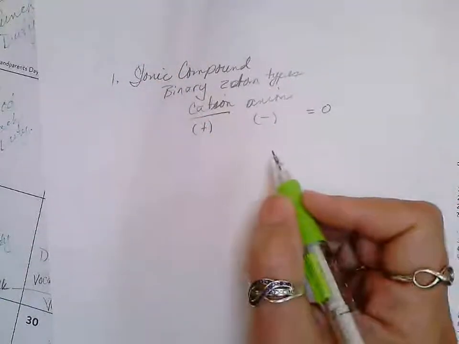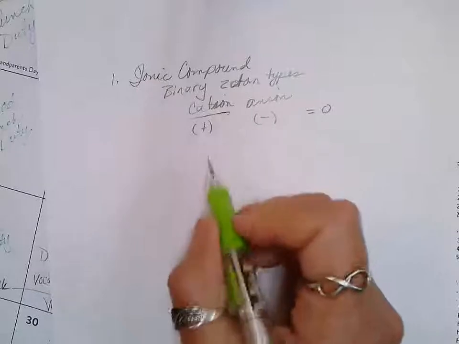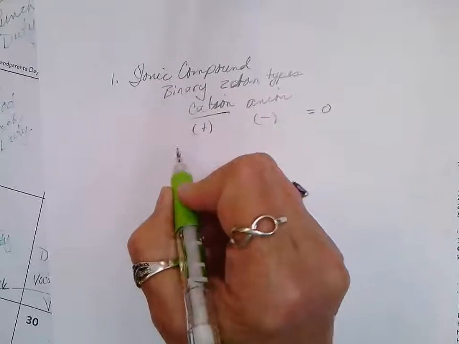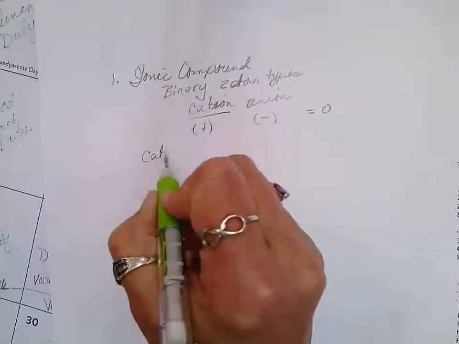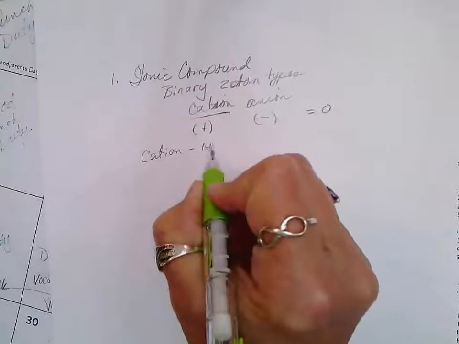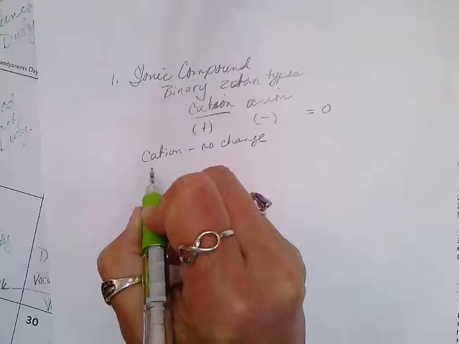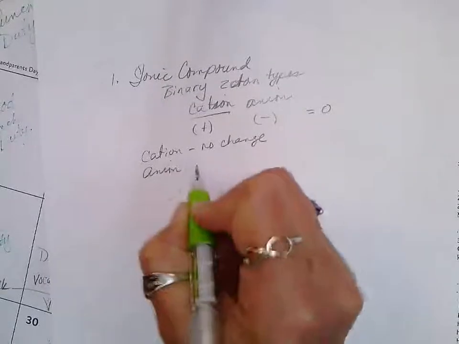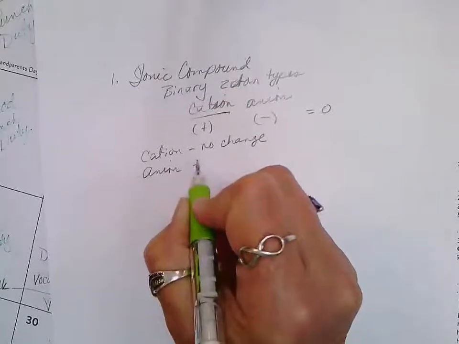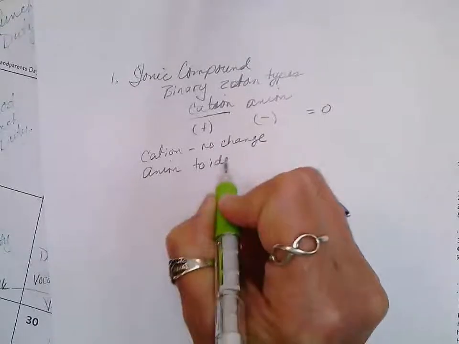That's why it's 1. And so ionic naming, we're just going to name the cation with its name. So for the cation, there's no change. For the anion, however, we change the ending to IDE.